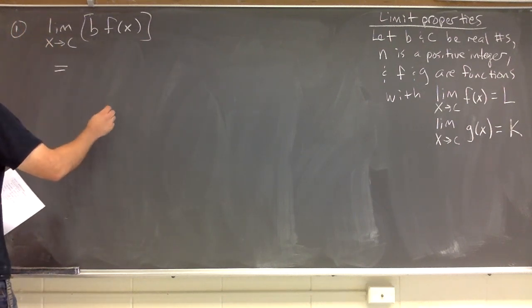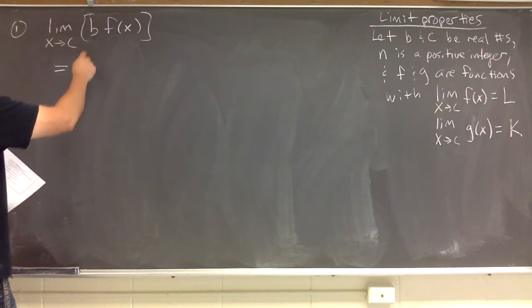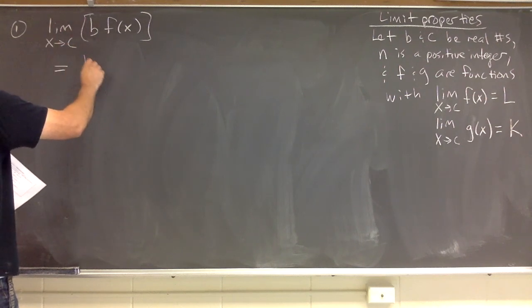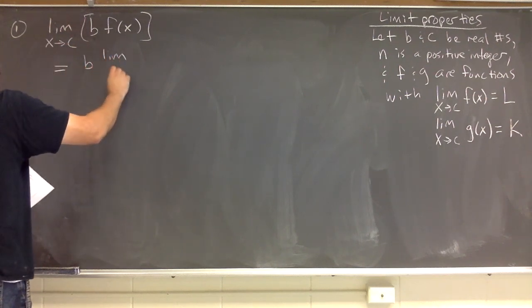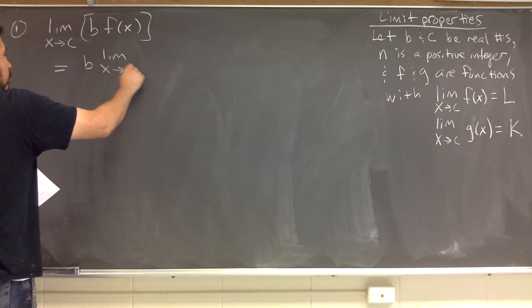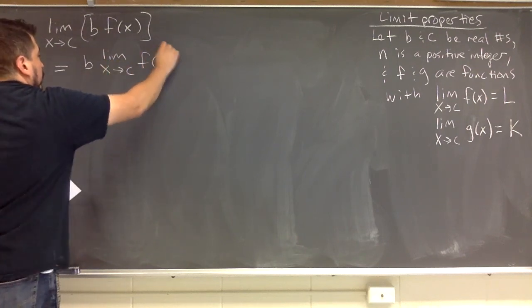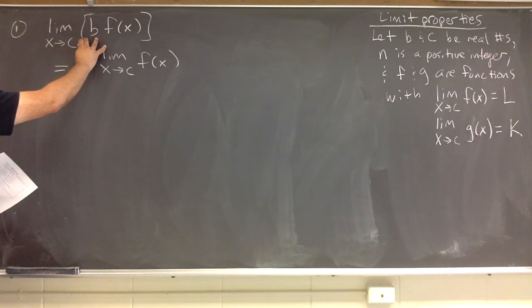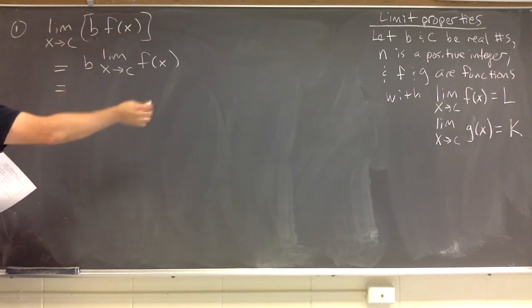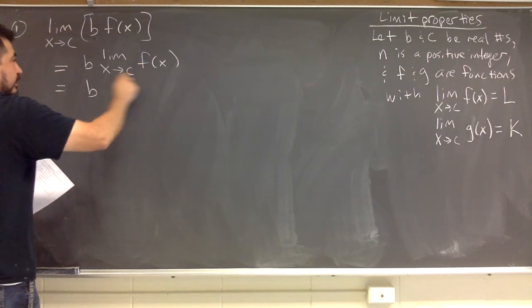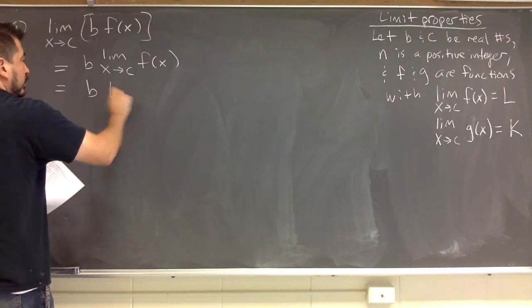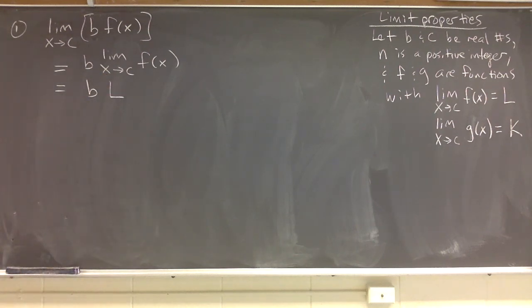Okay? So really what you can do is this. You can pull out the constant, think of it this way. Since this is just multiplying whatever the limit's going to be anyway, this becomes L, and there you have it.